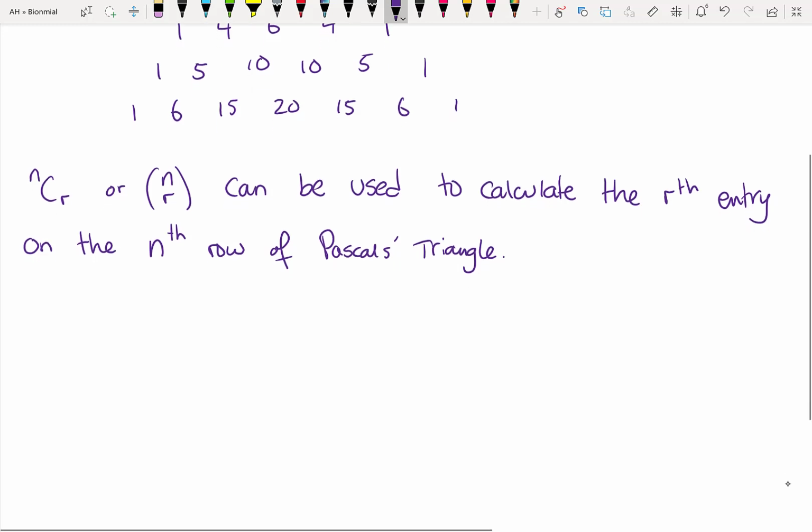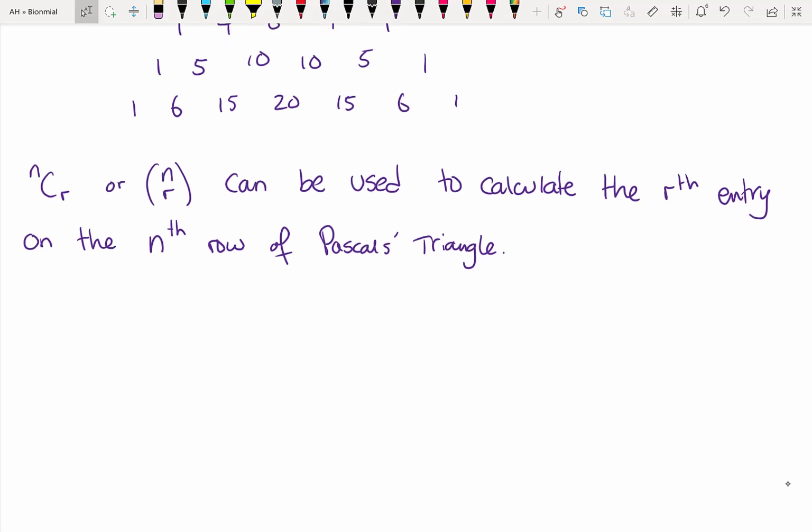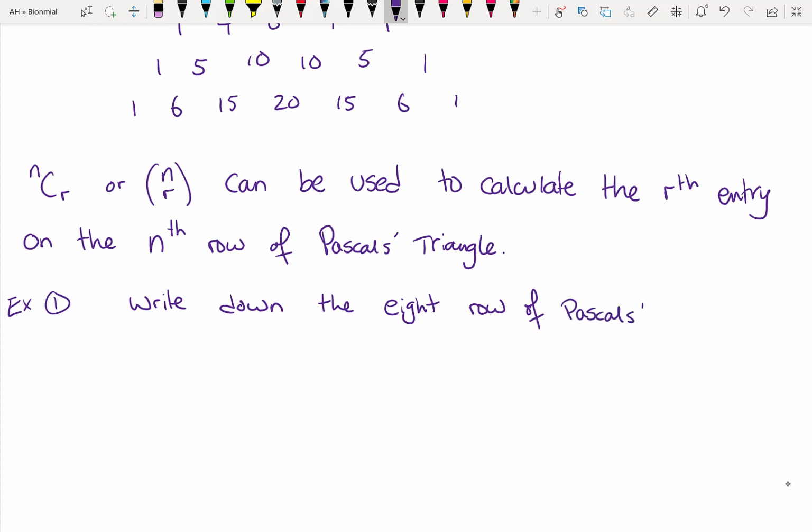However, what does that actually mean for us? Well, let's say we wanted to write down the 8th row of Pascal's triangle. Give it a small t there, let's keep everybody happy.